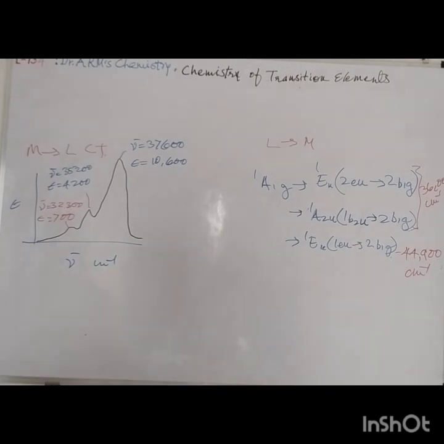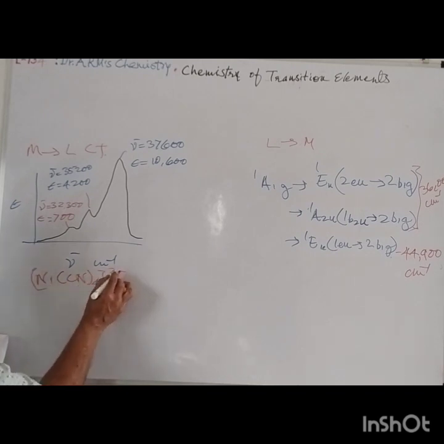Now this will have the transitions. You can show here like this. This is for Ni(CN)4 2 minus in aqueous solution.